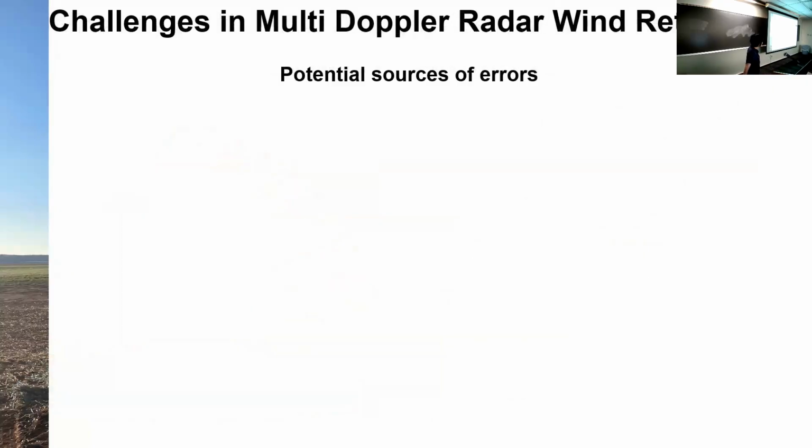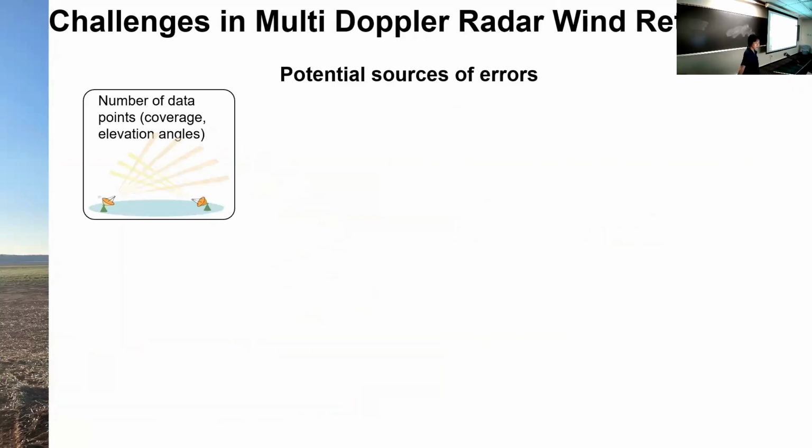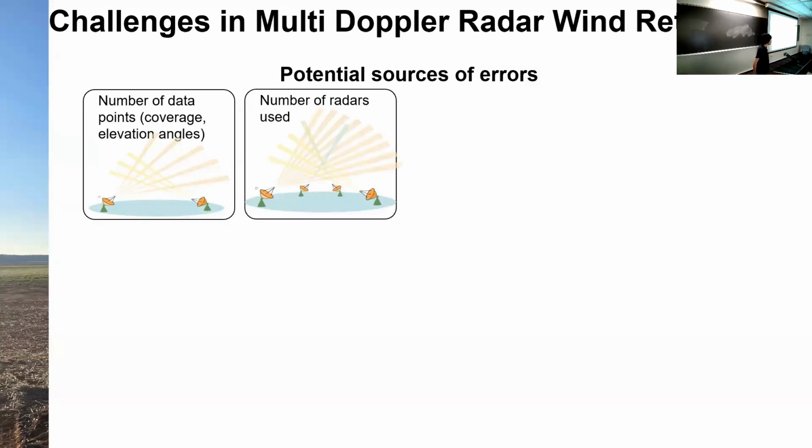There are many challenges in multi-Doppler radar wind retrievals. It's going to be a little bit longer talk. There are many sources of uncertainty. Here I will show some eight sources, but not limited to these. There are more. Number one is the number of data points, depending on the coverage of the radar scan, how many elevation angles are scanned by one radar or two radars, and how many radars we use.